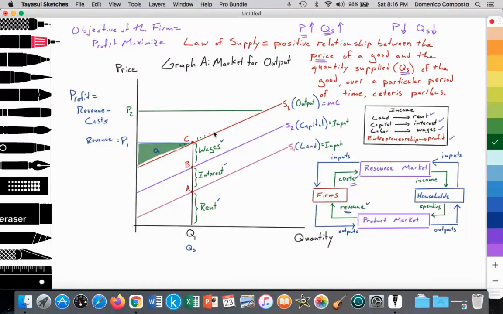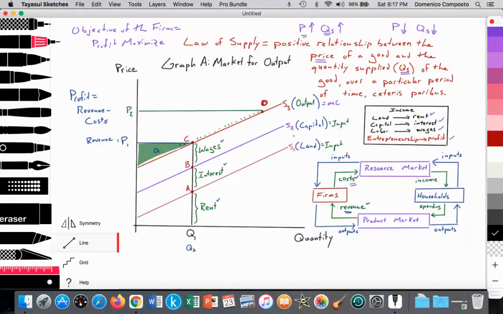So they're moving up along their S3 curve, along their marginal cost of production curve, their supply curve, from point C, in this case, to point D. And as a result, the quantity supplied will increase from Q1 to Q2.